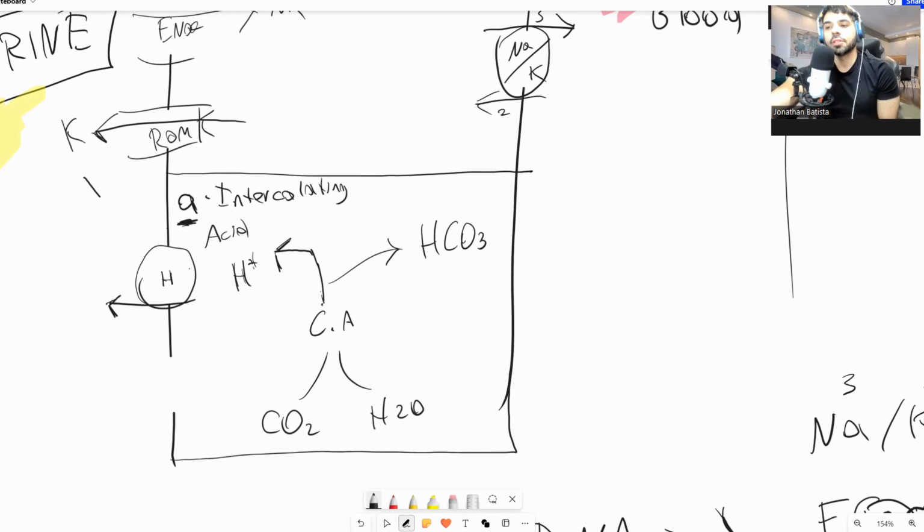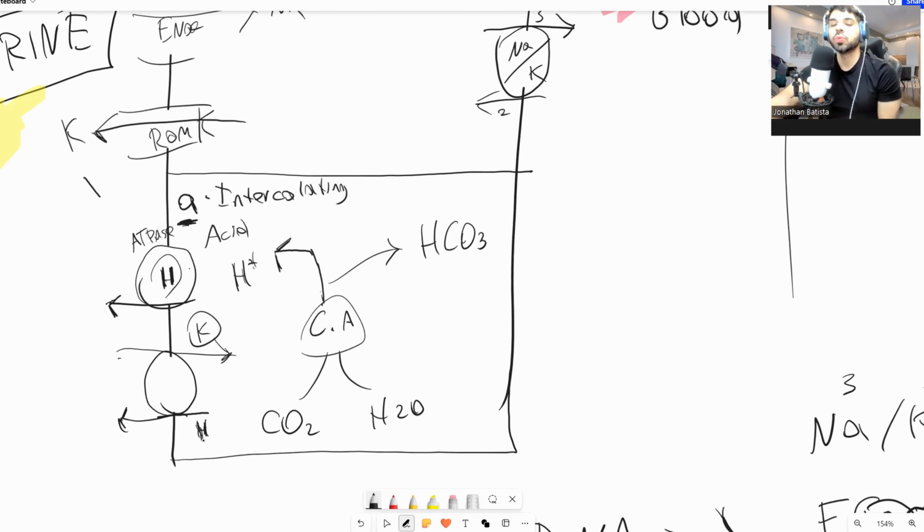So efflux, basically, onto the urine. And this is an ATPase channel. Then you also have a proton pump. Remember, proton pump basically throws out the hydrogen. And then you have, of course, here, this potassium. So let's take a look at that. You're having basically the excretion of hydrogen, and that's because of the carbonic anhydrase due to the aldosterone.